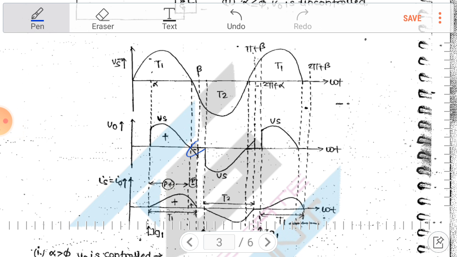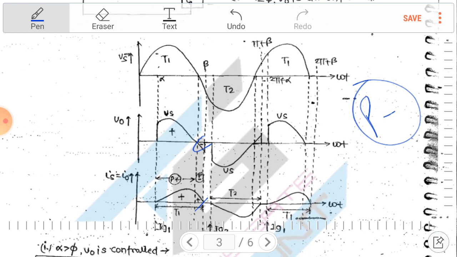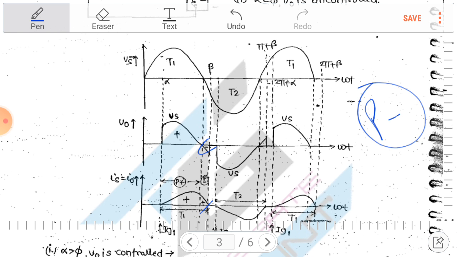Pi to beta is the time in which the inductance is delivering its energy to the source, so power flow will be negative at this time. After the inductance has delivered its complete energy to the source, meaning when current is equal to 0, then for some time there is a freewheeling period where no power flow is taking place.